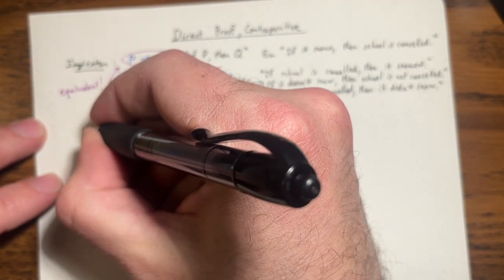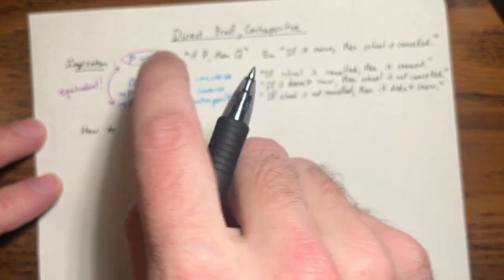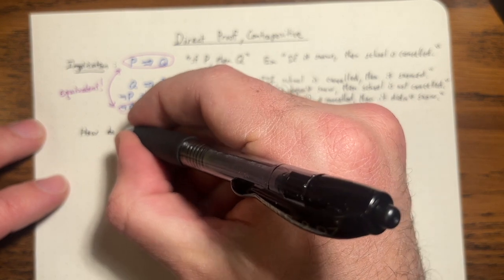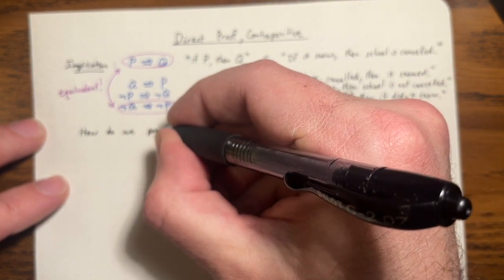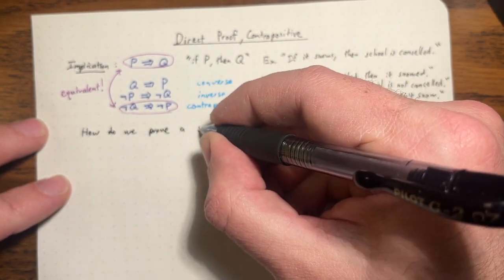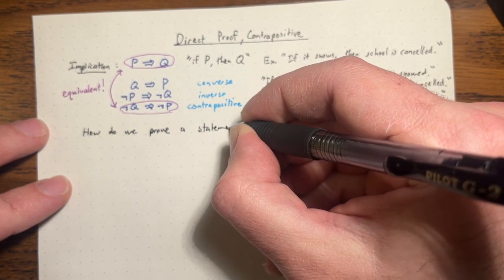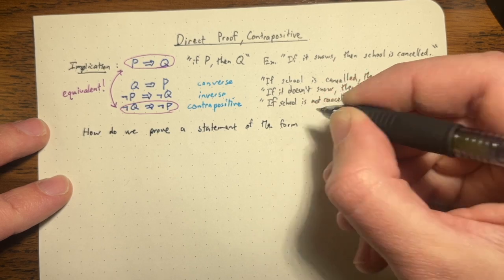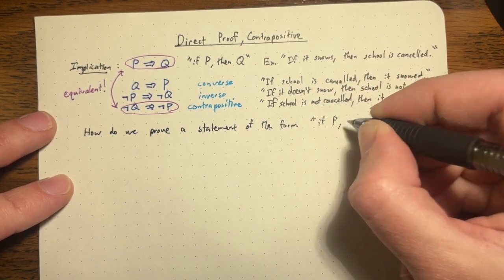So how do we actually prove something of this form? A lot of math statements have this form. So how do we prove a statement or proposition of the form if P then Q?